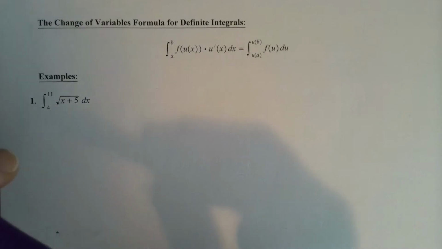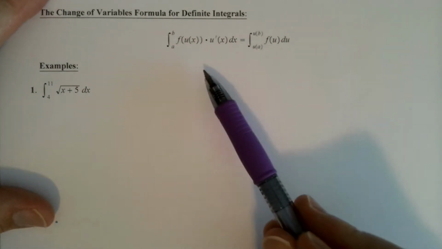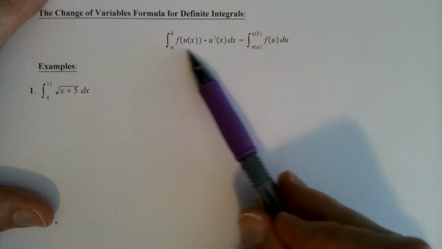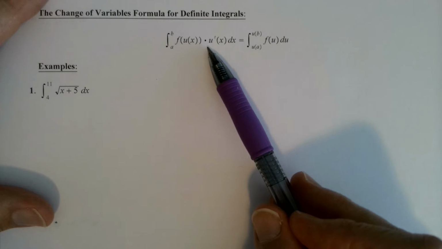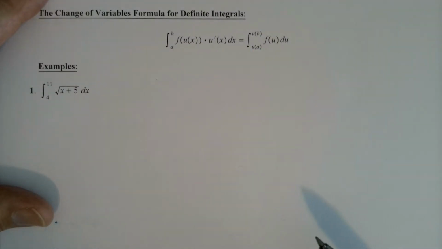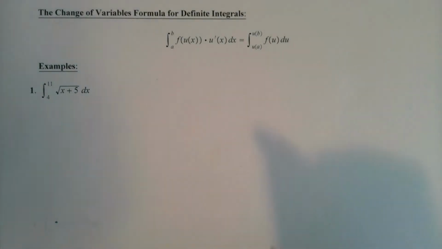We're going to use the fundamental theorem of calculus part 1 to do that, but we're not going to get the antiderivative in terms of the original variable x. We're going to skip that step and go right into the new variable. Okay, and that's the amazing thing about this method. So let me illustrate how this works.